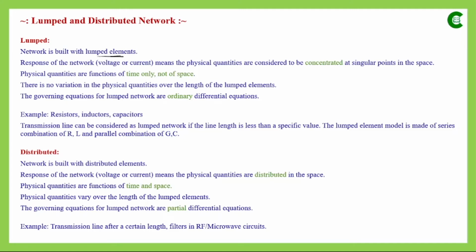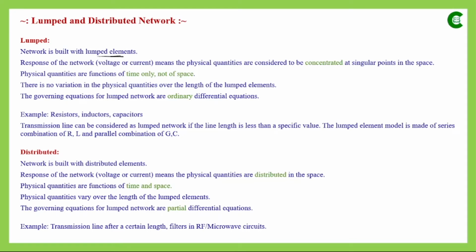Now, if we want to represent the dynamics of that network, the governing equations will be ordinary differential equations. As examples, again we can take resistors, inductors and capacitors. When they are part of a lumped network, they will be physically separated.